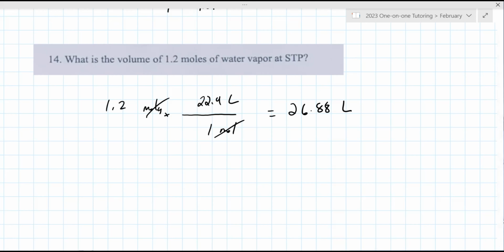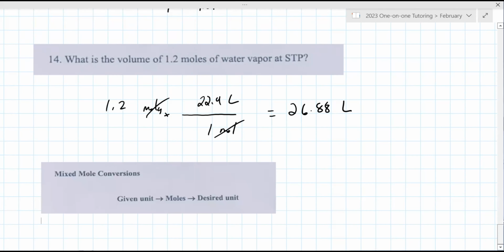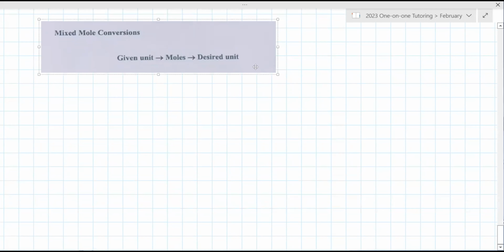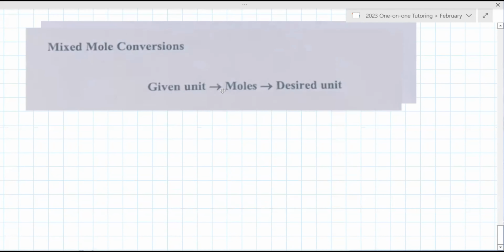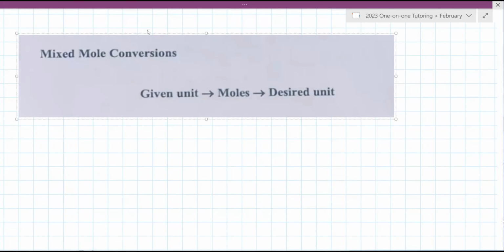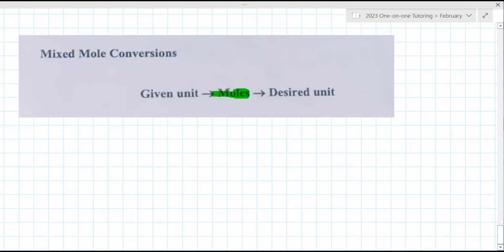Okay. All right, so the next grouping of questions here is mixed mole conversions. One of the things that they really don't emphasize enough is that you really want to get everything into moles. That usually leads you to a lot of different places.